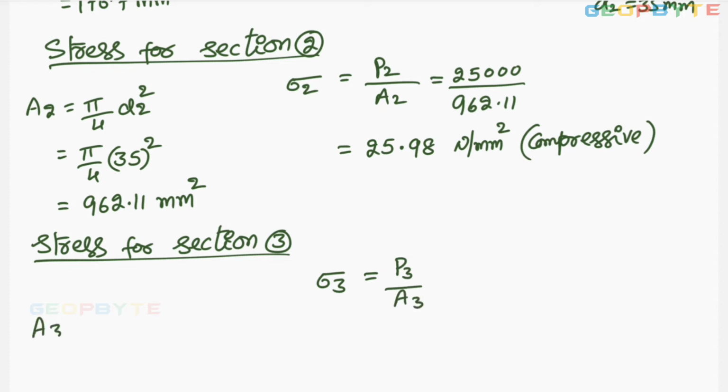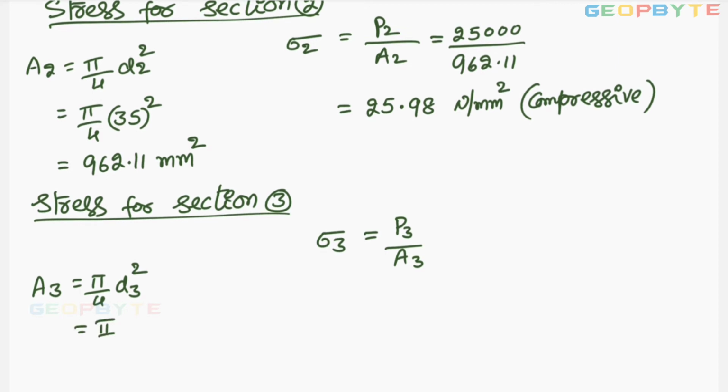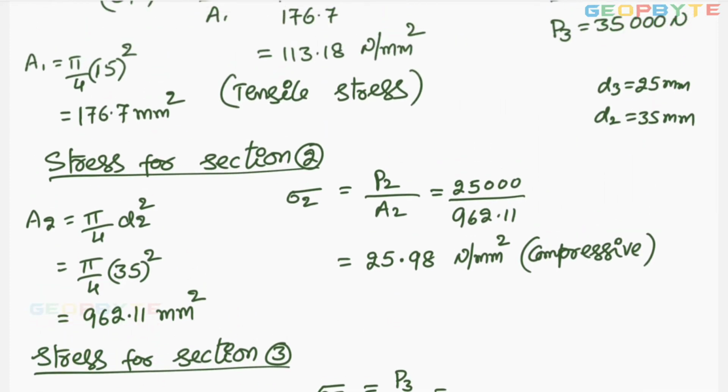Here A3 equal to pi by 4 into D3 square. It is equal to pi by 4 into D3 25 whole square. Simplify this value with calculator for getting the area 490.87 millimeter square.